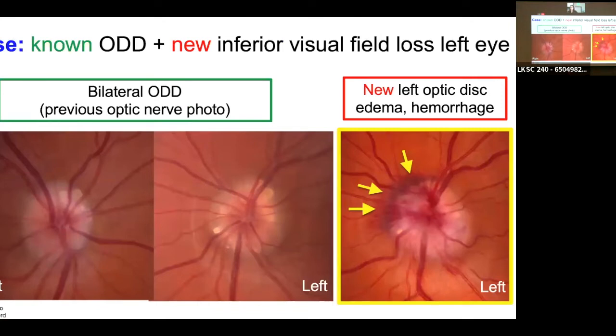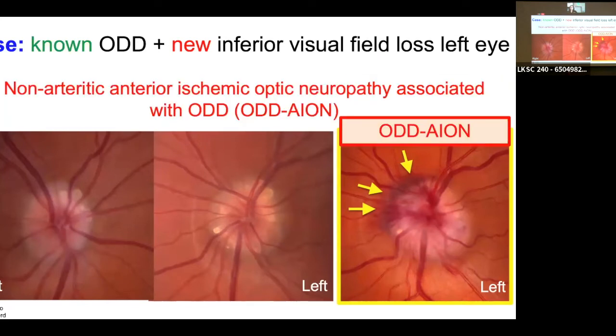There are fairly pronounced superior and nasal splinter hemorrhages and swelling that drapes over, kind of like lava flowing out of a volcano, compared to the picture immediately next to it. The diagnosis is ischemic optic neuropathy in association with optic disc drusen. She's only in her 20s.